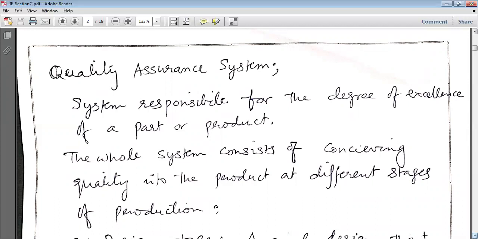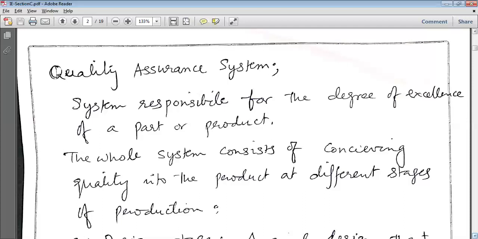This is called quality assurance system, whereas in quality control system, the part is produced, but the quality is gauged and measured after it is produced. So it may or may not conform to the standards. Quality assurance is basically quality being built in, injected at the time of manufacturing only.